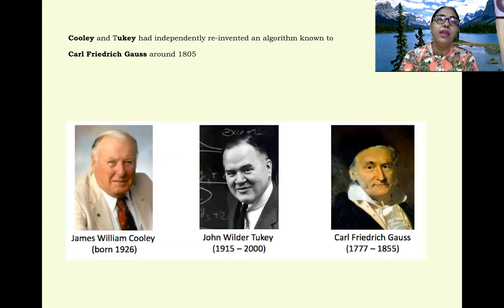Cooley and Tukey independently reinvented the work of Gauss, who lived between 1777 and 1855. So that indicates the work started very early, but it was re-established for us recently.